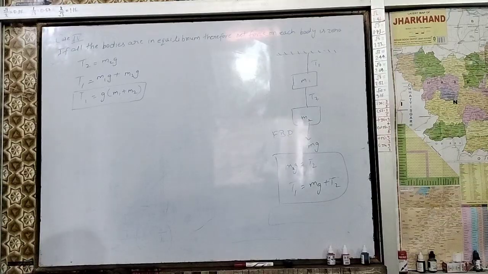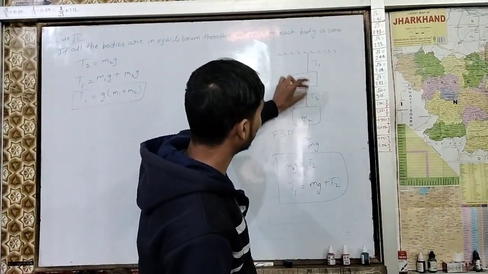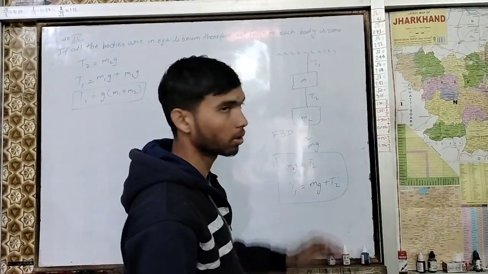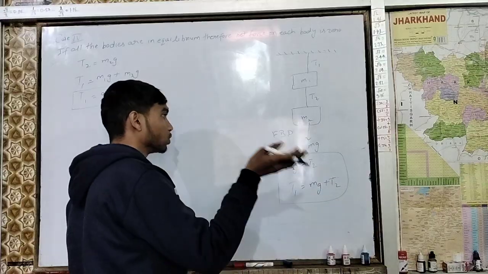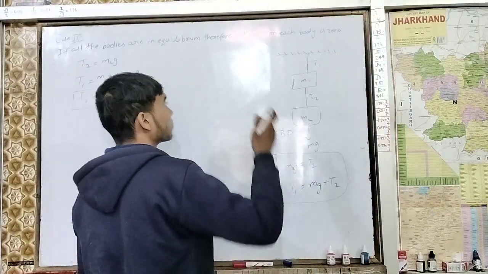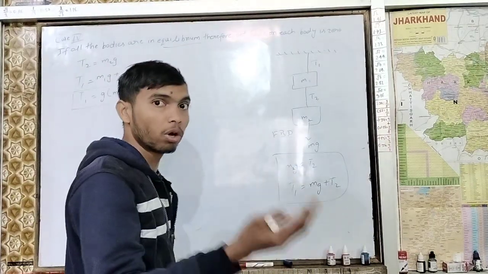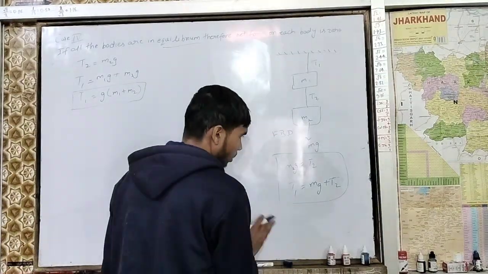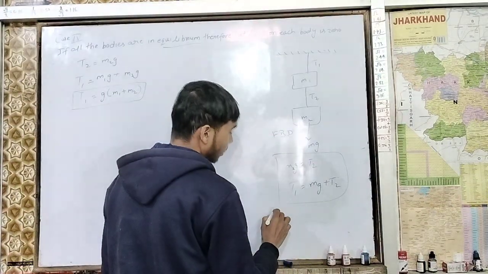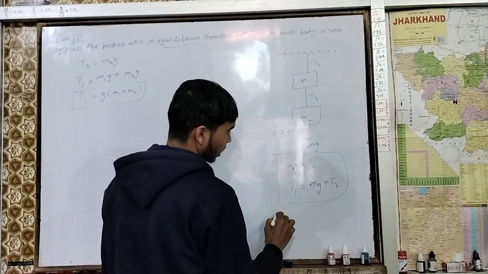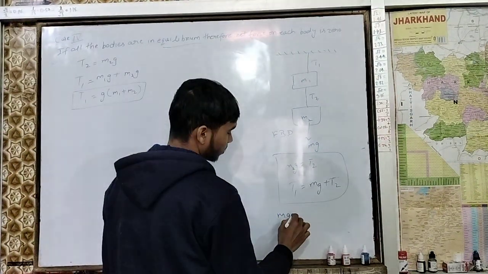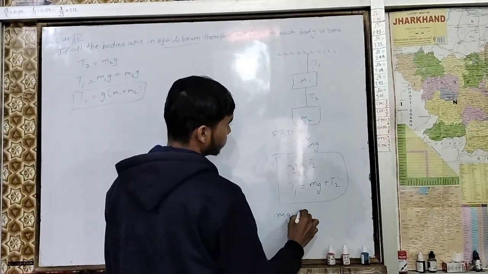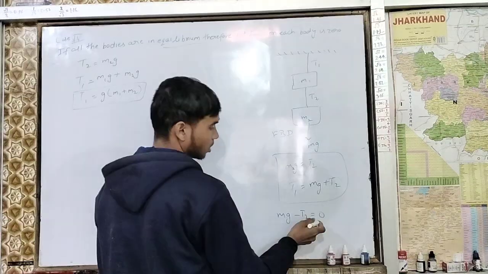Here we know that the upward force will be equal to the downward force, where acceleration is 0. It is the meaning of equilibrium. Acceleration is 0, velocity is constant, bodies are in rest. So over here we can write M2g minus T2 is equal to 0. Acceleration is 0.